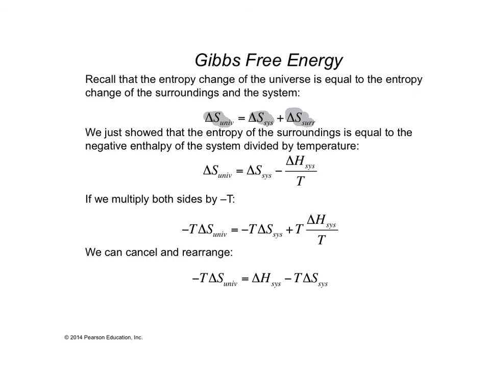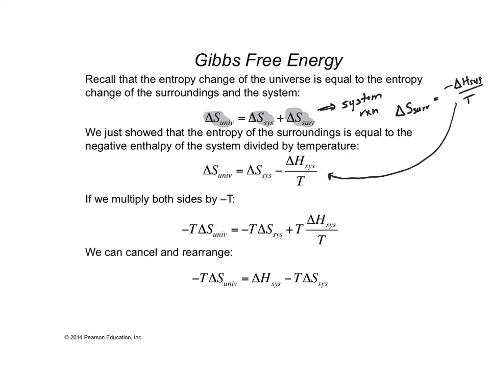Ideally, we would like to manipulate this equation so everything is in terms of the system or our reaction, because we like to just measure one thing and then get every other piece of information from it. We now have a relationship between the entropy change of the surroundings and the enthalpy change of the system. So we're going to plug it in to our equation here.